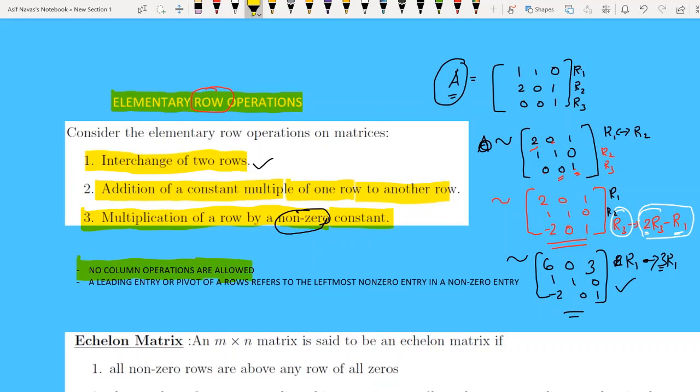That means interchanging columns or adding columns are not allowed. And the non-zero leading entry, the leftmost non-zero part of the row, is called the pivot. So we call that pivot or non-zero leading entry.